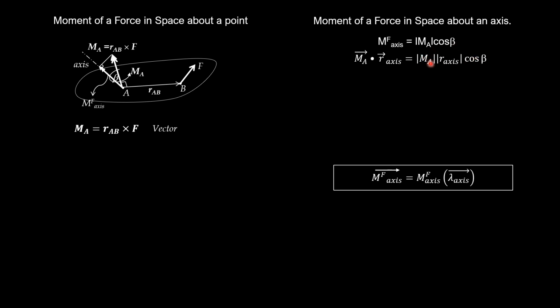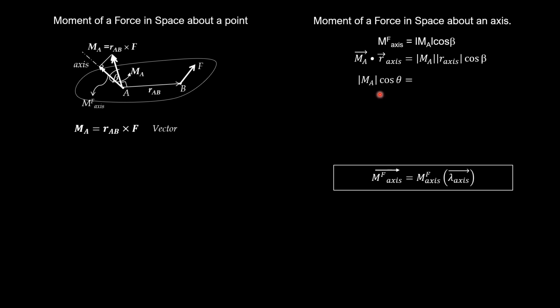Therefore, magnitude of MA cosine beta, which is moment of F about the axis, is equal to MA, which is a vector, which is RAB cross F, dotted with axis vector divided by its magnitude. So axis vector divided by its magnitude is the unit vector of the axis.